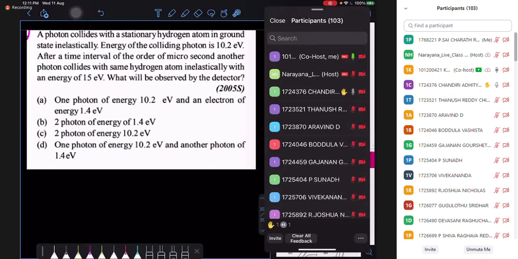Alpha decay we have in the syllabus. In the nucleus chapter, we discuss alpha decay. Rutherford experiment, you're saying alpha particle scattering. Yes, sir. Okay, in Rutherford, yes.